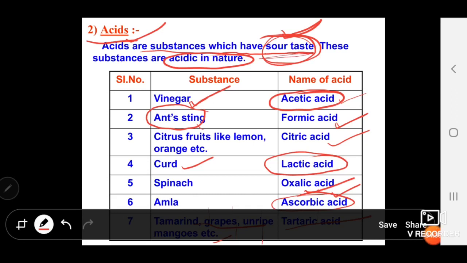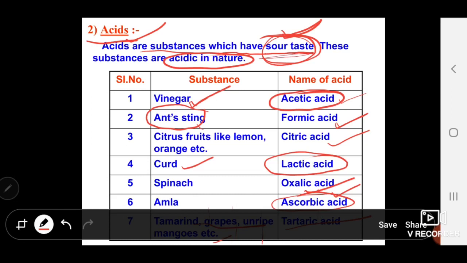All these concepts are very, very important. Listen to the class carefully and read all these substances along with the name of the acid. These concepts are very important for your upcoming classes also.